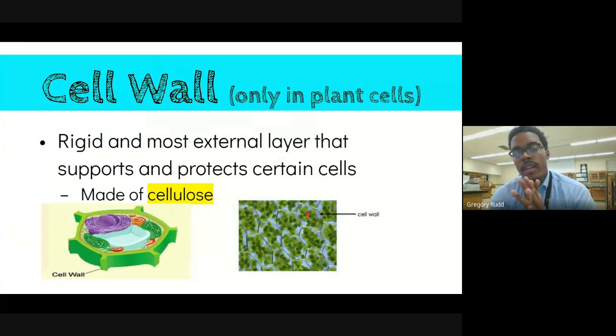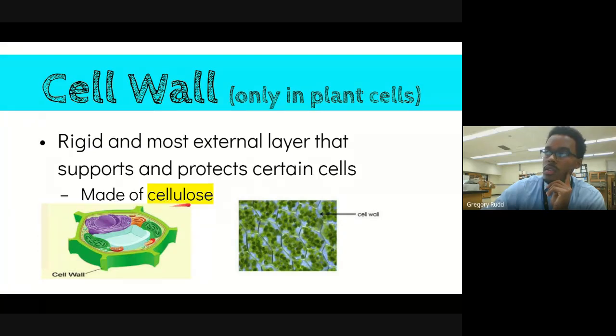The cell wall is a rigid outer layer. It's like a brick wall that surrounds the plant cell, and it provides support and protection. And the cell wall is made of cellulose. Can someone tell me which of our 4 biological compounds cellulose must be?